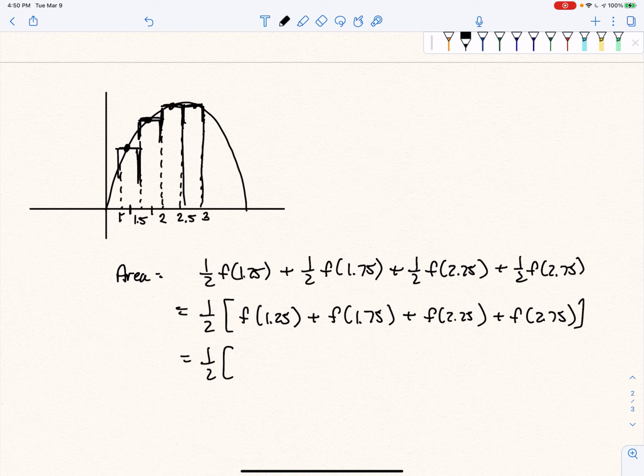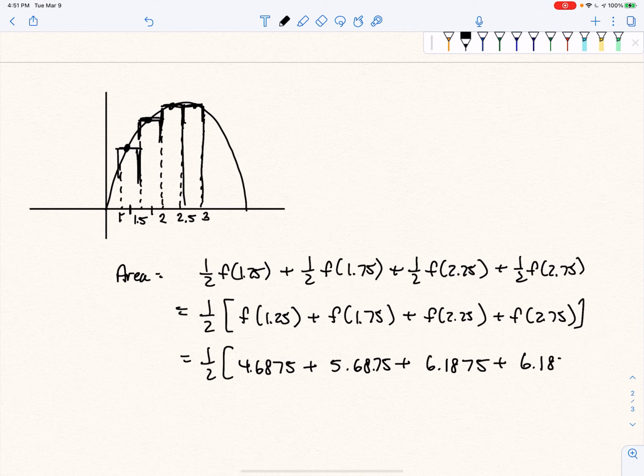So 1.25 gives us 4.6875. 1.75 gives us 5.6875. F of 2.25 gives us 6.1875. And f of 2.75 gives us, again, 6.1875.